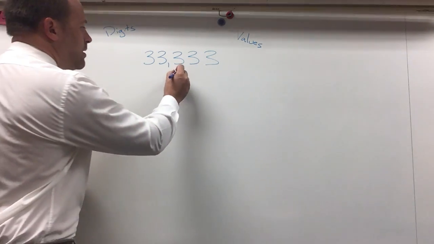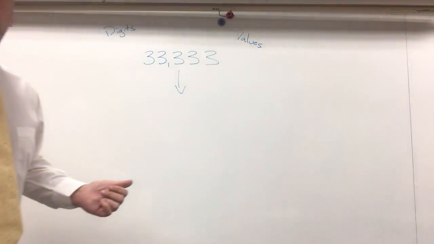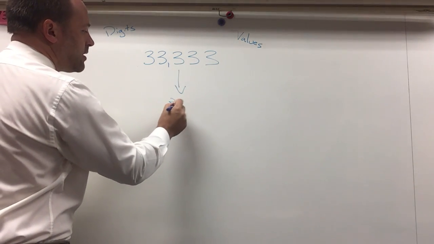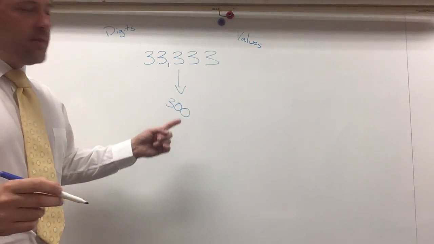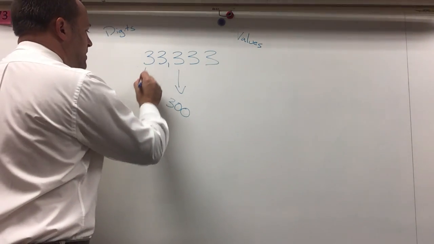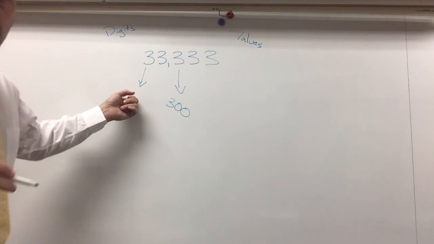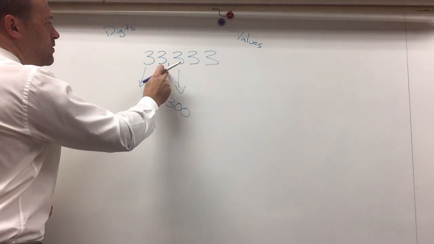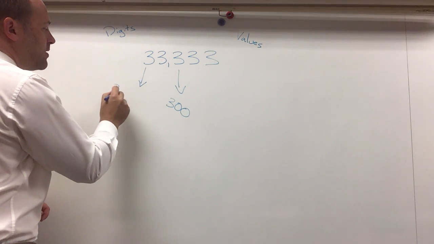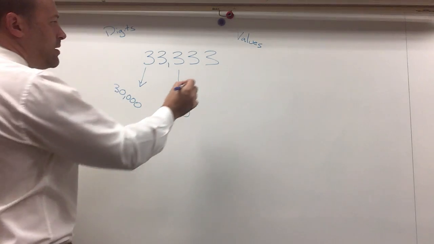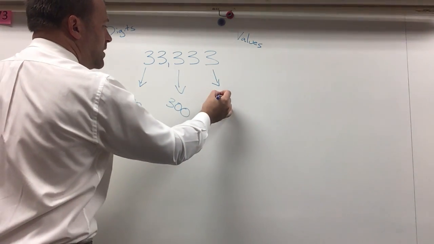But this 3, it's not really worth 3, is it? Ones, tens, hundreds. This digit is actually worth 300. This digit, its value, it's not a 3, it's ones, tens, hundreds, thousands, 10,000s, 30,000. This 3 really is a 3.